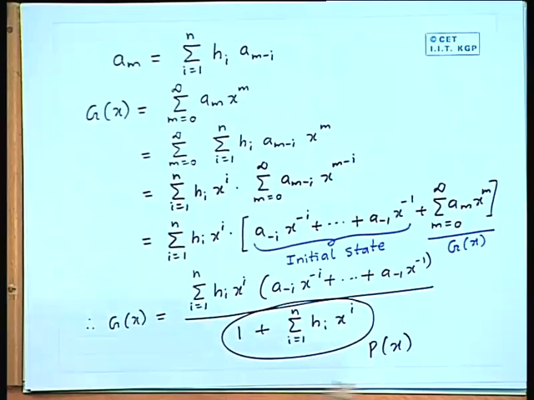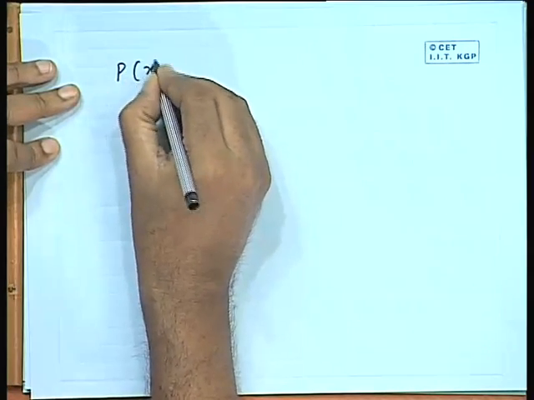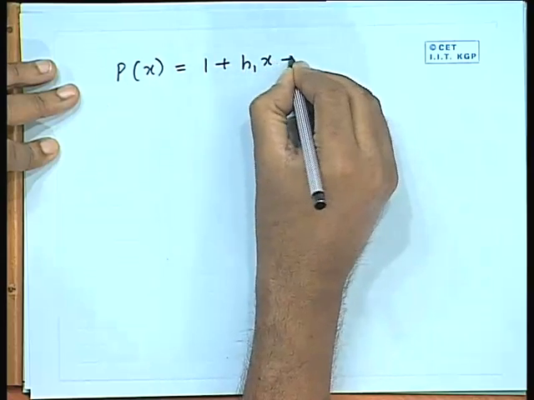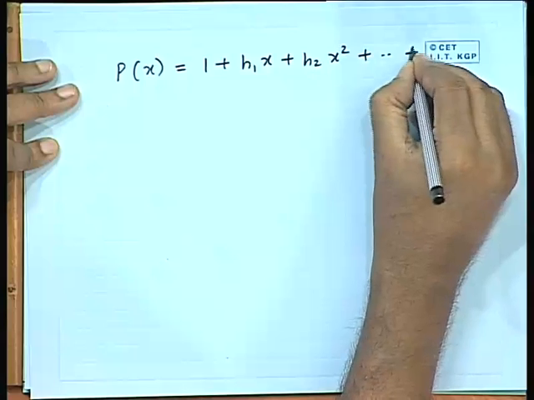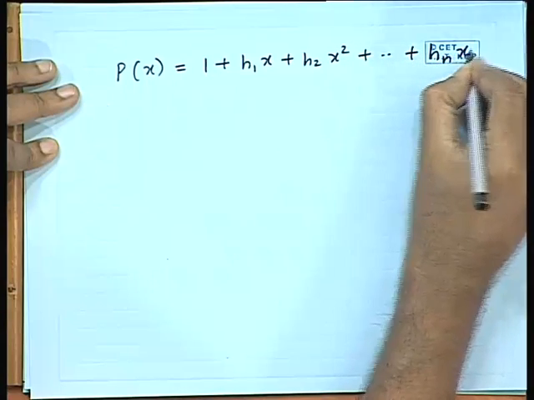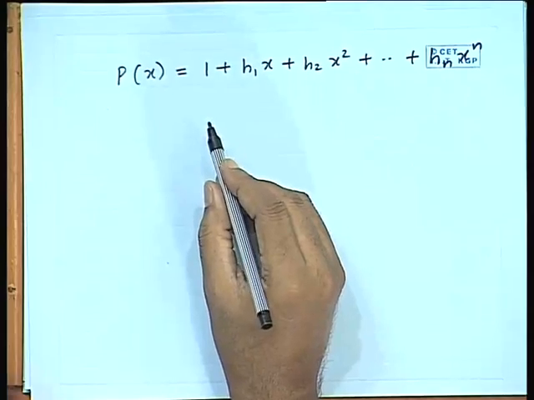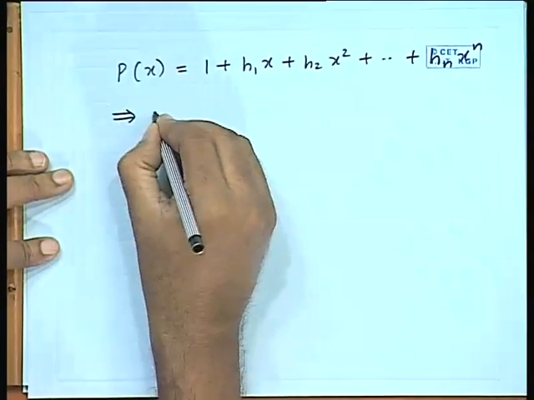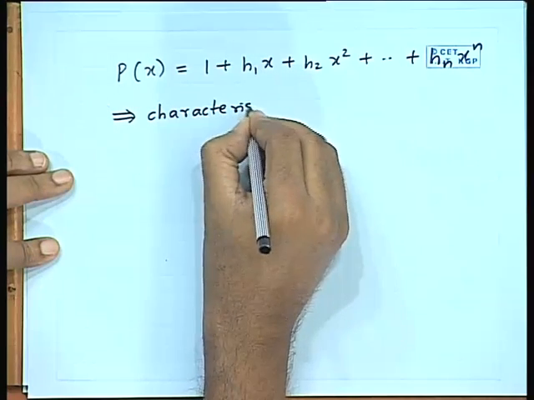So, if you write down the expression for P(x) now from here, P(x) will become 1 plus h1 x plus h2 x squared plus up to hn x to the power n. Now, this polynomial P(x) is called the characteristic polynomial of the LFSR.